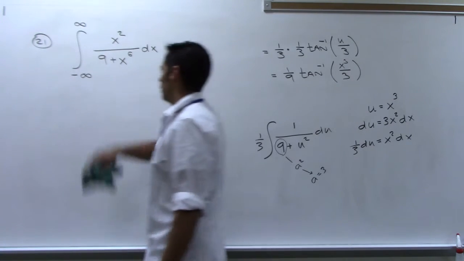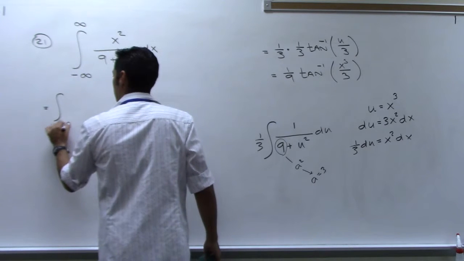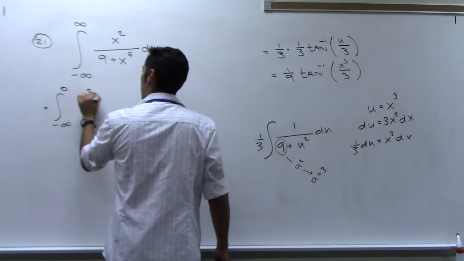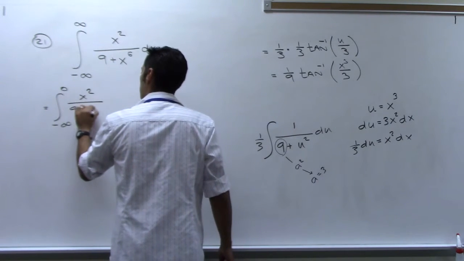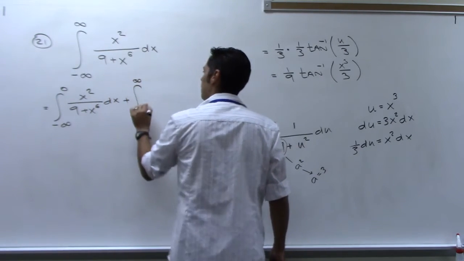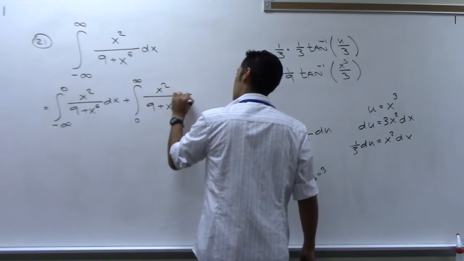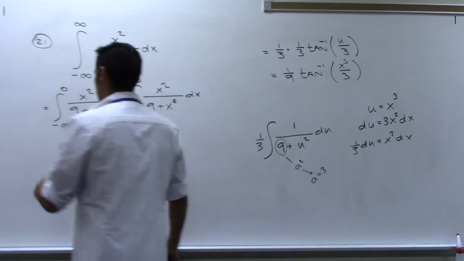And then back over here, split it up first into 2 integrals. I'll go to 0, then from 0, I'll go to infinity. Each one of those turns into a limit.